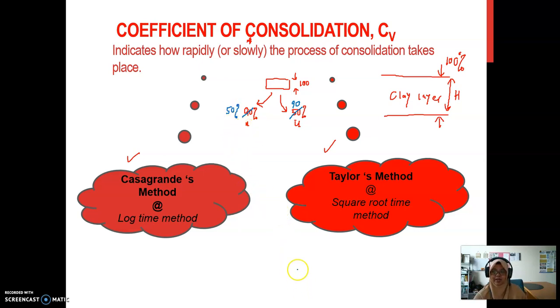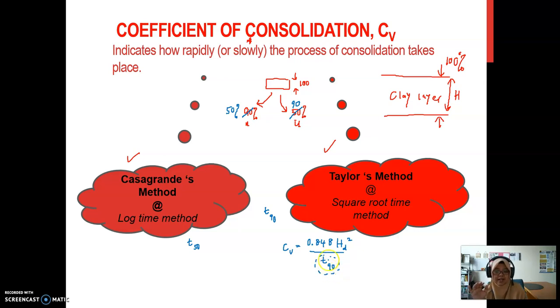So at the end of the analysis of data, when you are able to measure the T90 or T50 based on the data from the graph, you can substitute. For the Taylor method, you will use the 0.848 time factor times the height of drainage to the power of 2, divided by the T90 that you obtain from the graph.